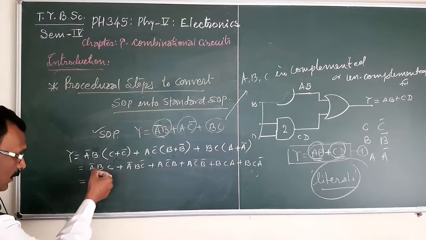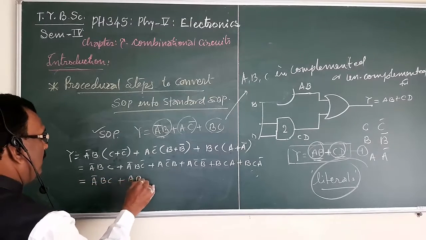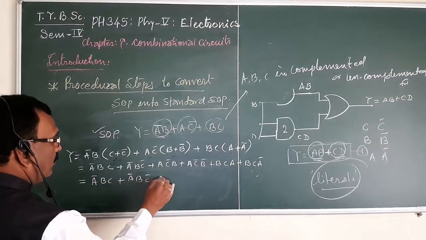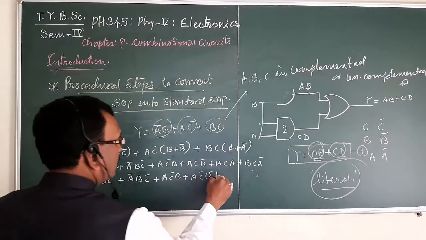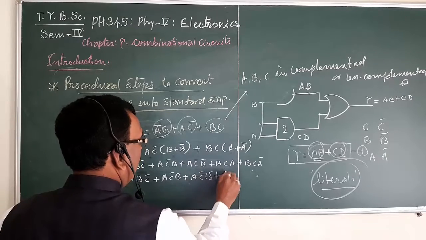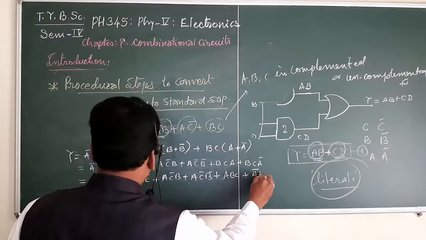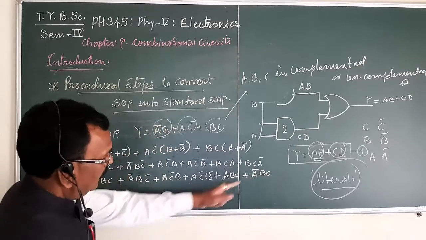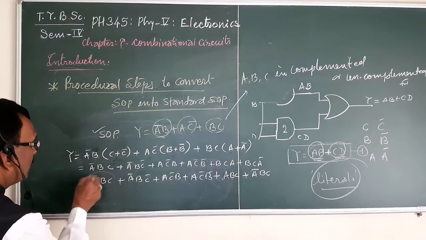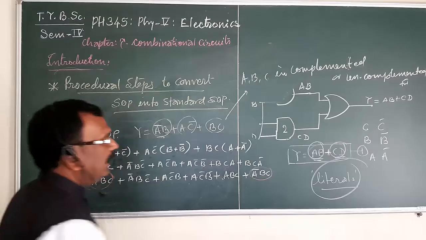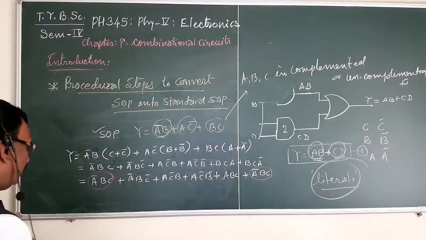Or we can write again, we can simplify: A bar B C plus A B C bar plus A C bar B plus A C bar B bar plus A B C, or A bar B C. We can make the interchange here. So it is found that the first term and last term is redundant.